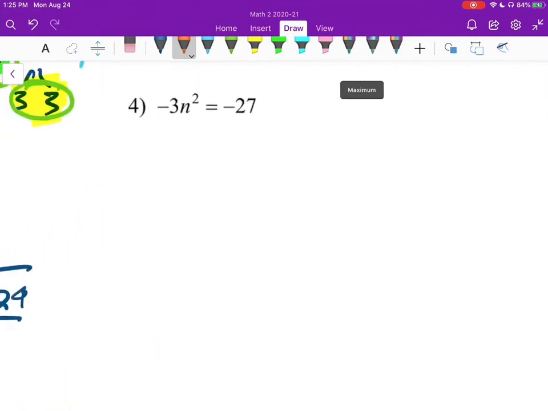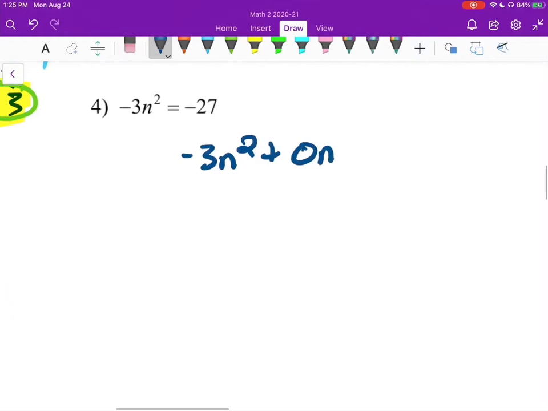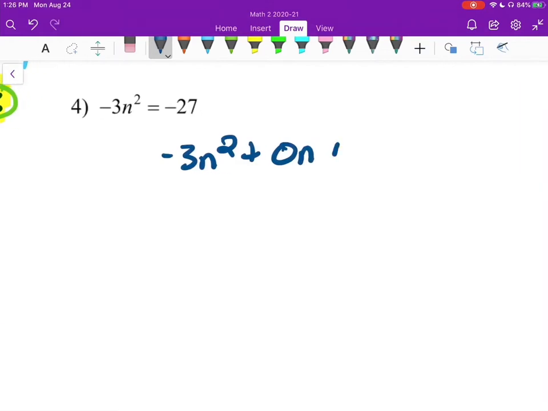All right, number 4. We'll notice here that we don't have a plain old n. So we're going to have to put one in as a 0n. So I'm going to say, well, I've got negative 3n squared plus 0n. And then I want that 27 over on the left, so plus 27 equals 0. So here's our a, our b is 0, and our c is 27.